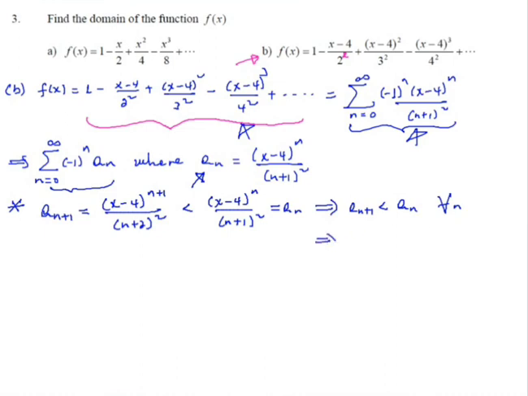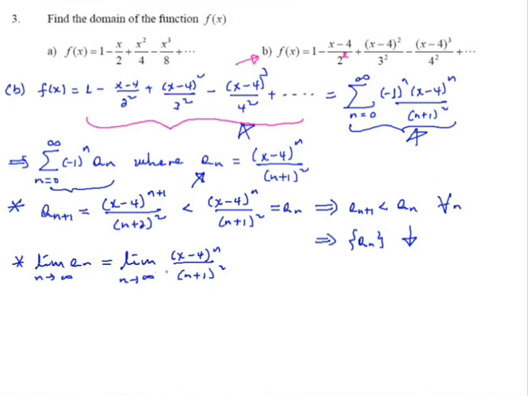This means the n's term is decreasing እያለን ነው። ሁለተኛው ኮንዲሽን the limit of the n's term as n approaches infinity 0 መሆን አለበት። ያ ማለት the limit of x minus 4 the whole n over n plus 1 the whole square as n approaches infinity ይሄም obviously 0 ነው የሚሆነው። ሁለቱንም ኮንዲሽን ያሟላል። The terms of the sequence are decreasing and the limit as n goes to infinity is 0.